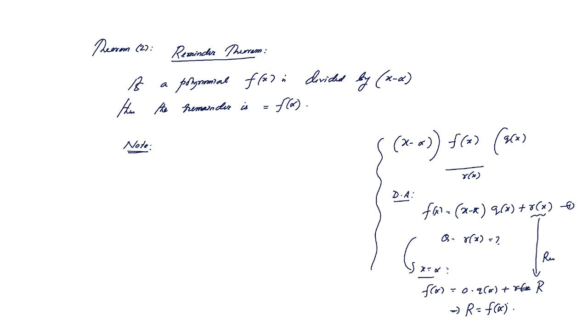So this is the simple logic of how to find the remainder when a polynomial is divided by x minus alpha. Here is one important note. In that case, f(x) can be expressed as x minus alpha times q(x) plus the remainder, which is f(alpha).